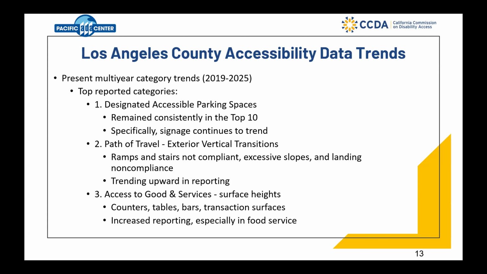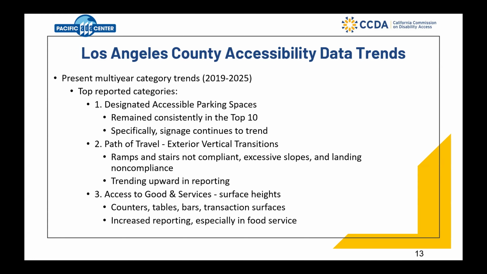So here are some of the top reported categories that we found. Designated accessible parking spaces was always trending at the top. It remained consistently in the top 10 across those years. Specifically, signage continues to trend. Maybe the signage was not there, or maybe it was not properly written, or maybe it was rubbed off a little bit, for example.